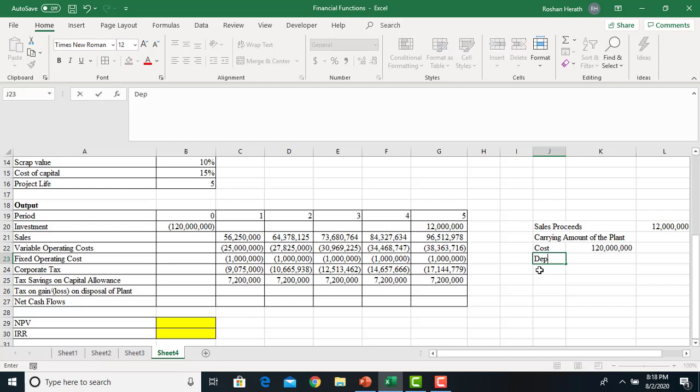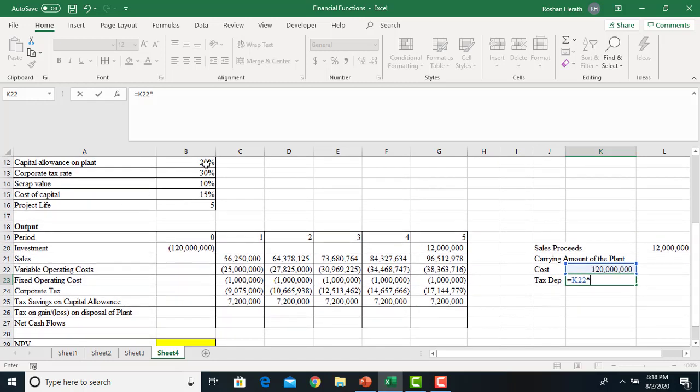Depreciation was tax depreciation, I would say, the capital allowance or tax depreciation, right? This is for the purpose of computation of tax. So tax depreciation was the cost multiplied by the capital allowance. The capital allowance was 20%. So per annum you have depreciated 24 million.